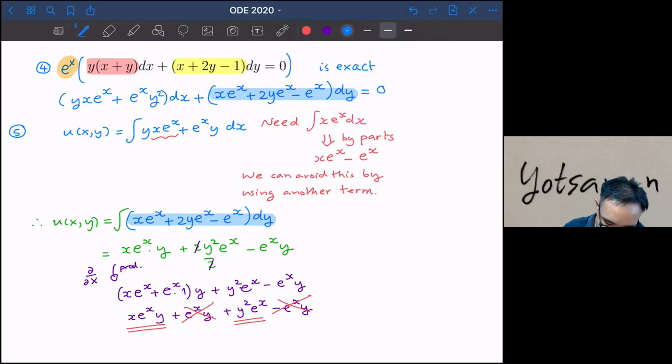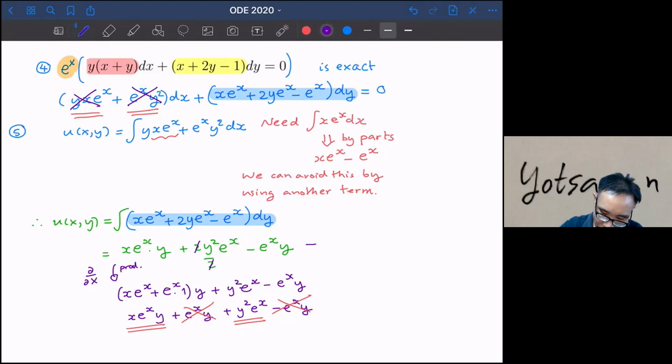I forgot the square here, and you see that I have these two terms. This is exactly the same term that we have down here, the term here and the term here. So you're going to cross them out.